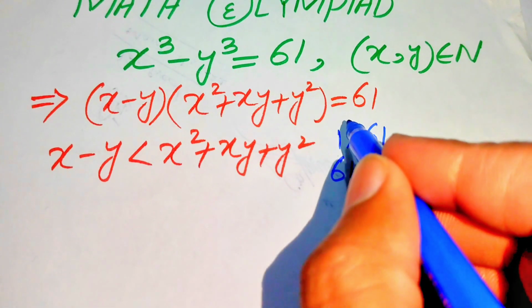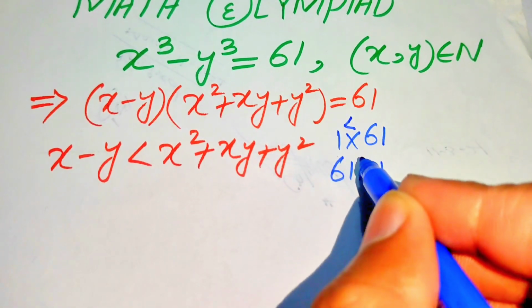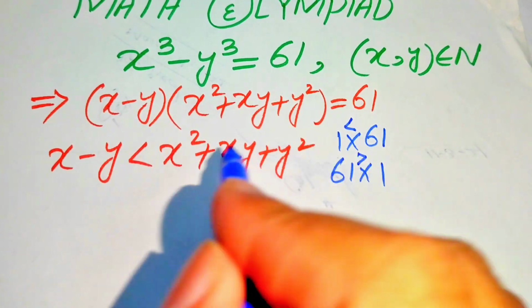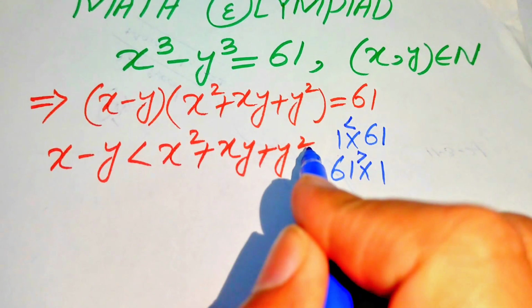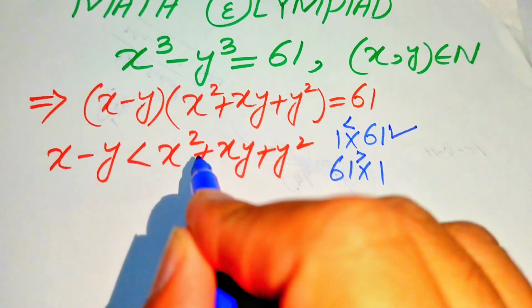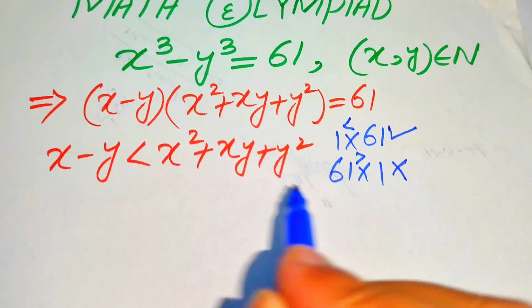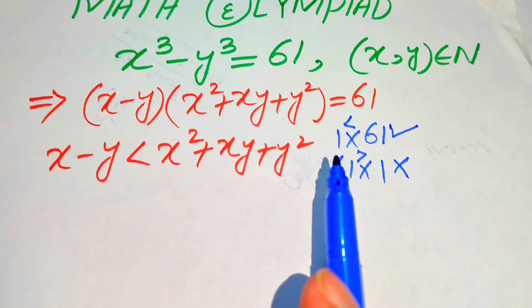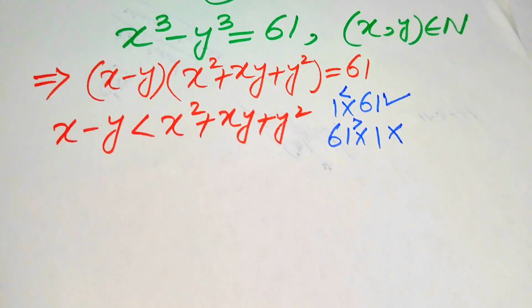But in the first case 1 is less than 61, and in the second 61 is greater than 1. Comparing with the relation, the first case is satisfied but the second is not, so we reject the second case and proceed with case number 1.